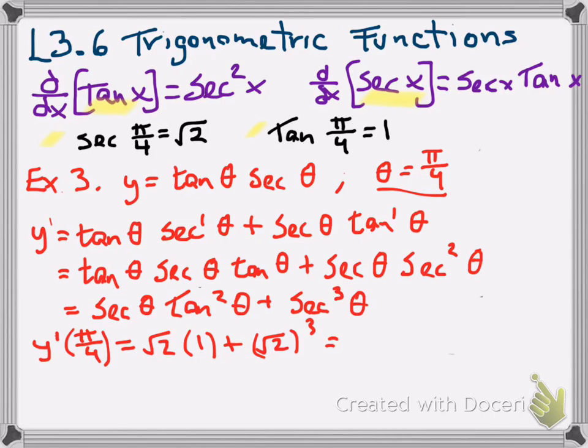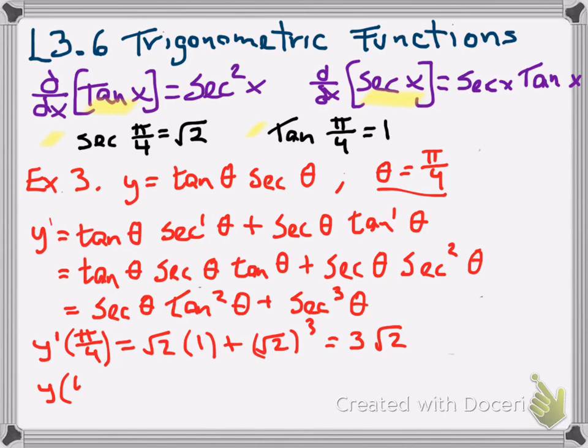So at the end, we will have 3 times square root of 2. No, 2 square root of 2 plus 1 square root of 2. So this is going to be 3 square root of 2.